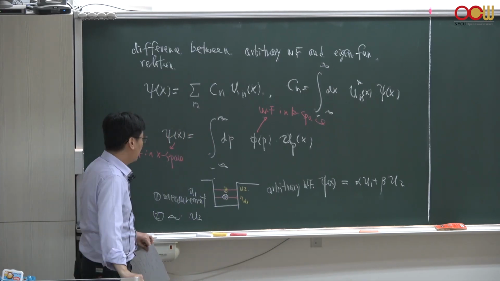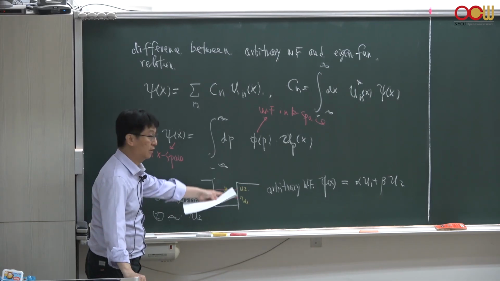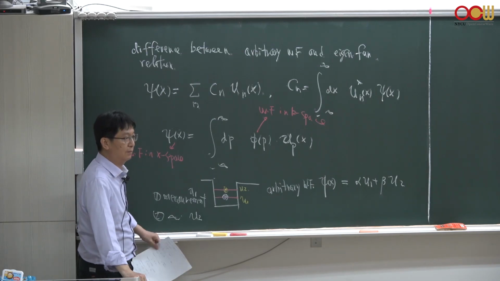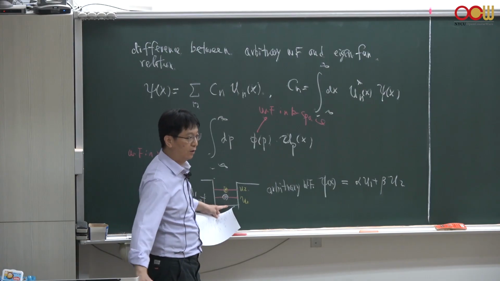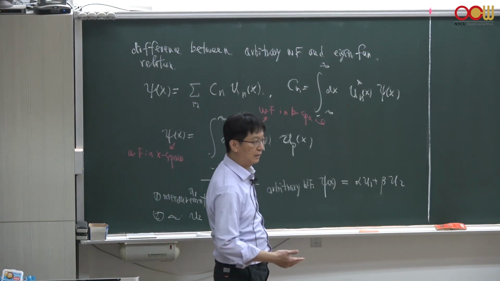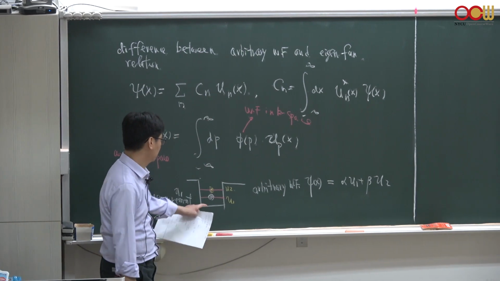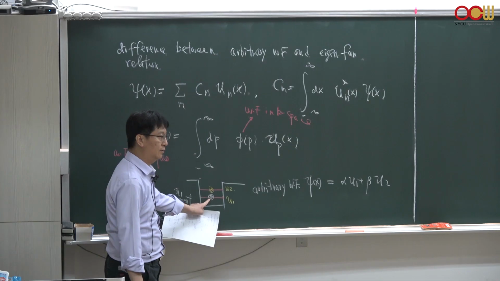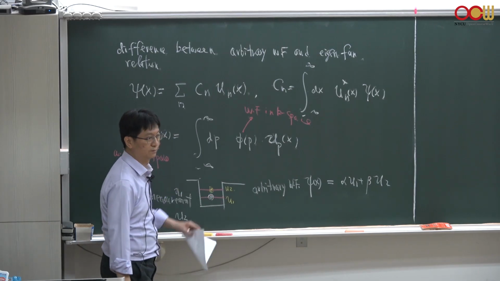Okay? But I can imagine that a general quantum particle inside a well, before you take a measurement, could be either in eigenstate 1 or eigenstate 2, or you could imagine that I have some finite probability of finding the particle at U1, and another probability where the particle is found to be at U2.